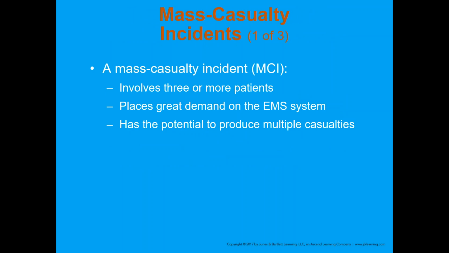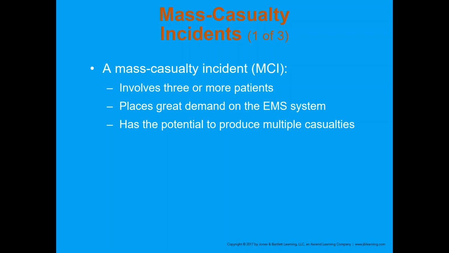All right. So like it says, MCI we talked about definition wise, it's 3 or more patients, puts a large demand on resources, and has the potential to cause multiple casualties. Very large incidents, major car wrecks, 3, 4, 5 vehicles.